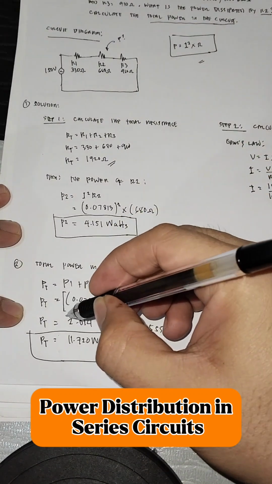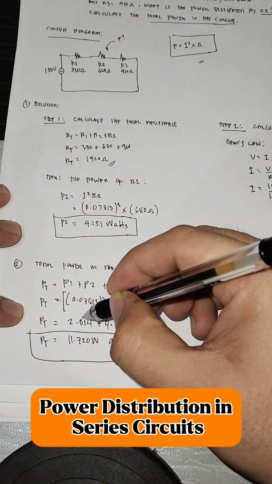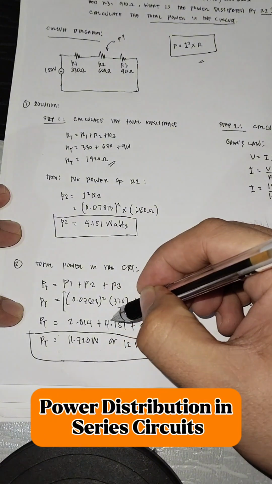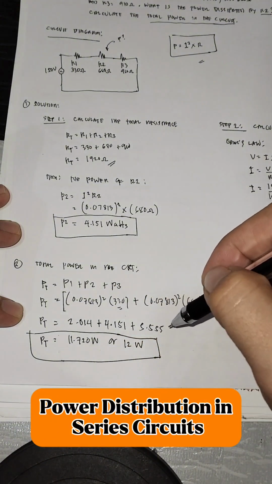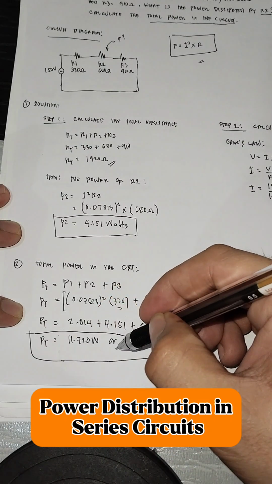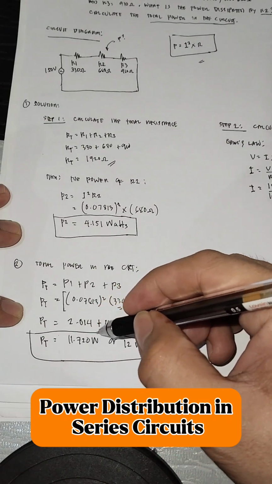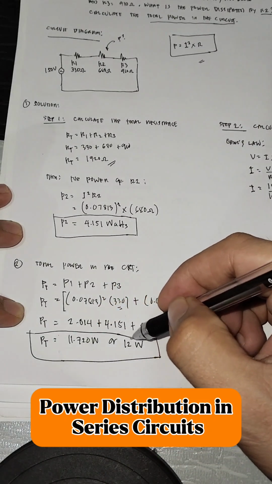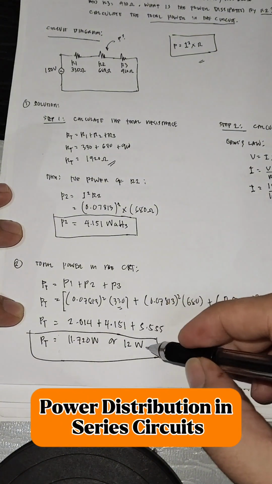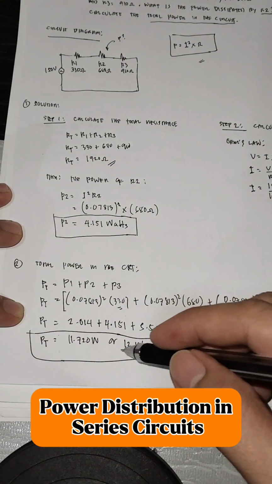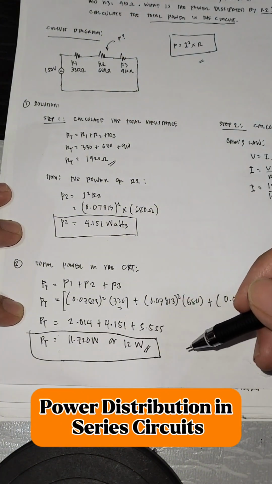So that equals 2.014 plus 4.151 plus 5.555, a total of 11.72 watts, or approximately 12 watts. So this is the total power of the circuit. Okay.